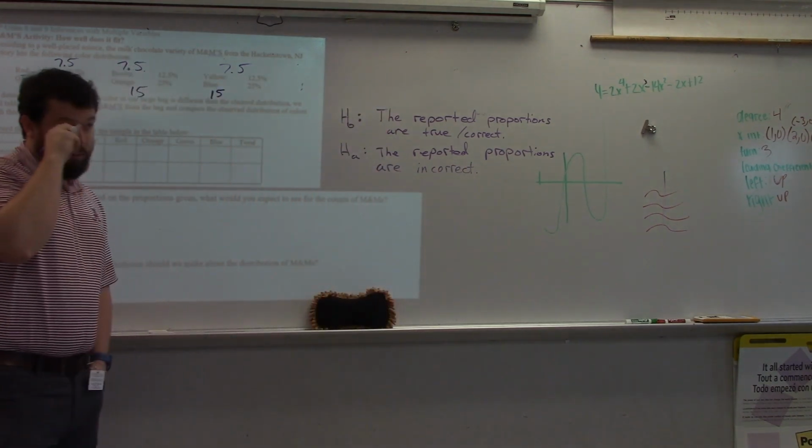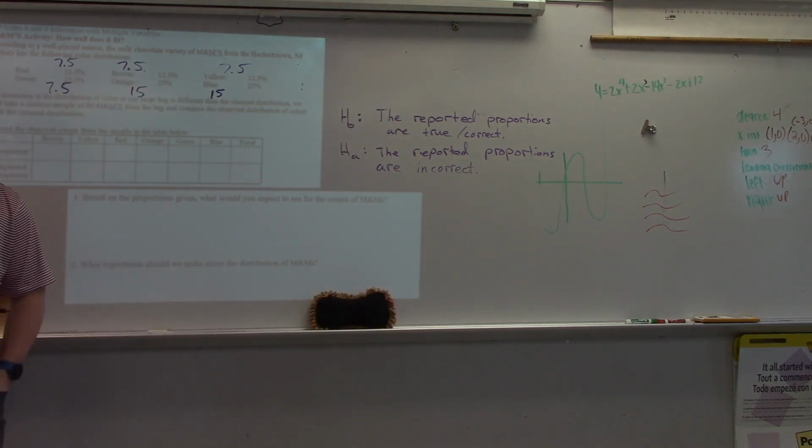Here's what I need you to understand in the last minute or so. When we do this hypothesis test, we're not going to be using Z's or T's, because those are for 1 and 2 samples. What we're looking at here is 6 proportions, so we have to change the type of test statistic.